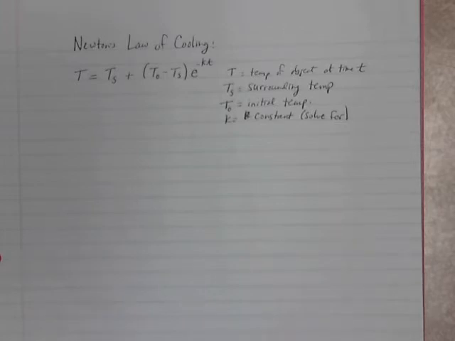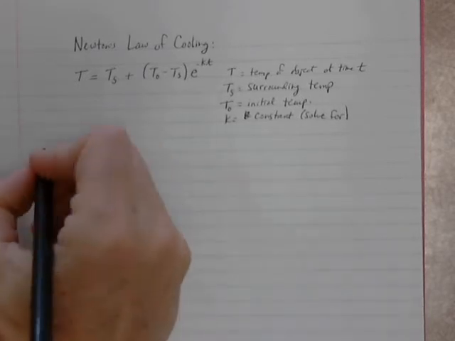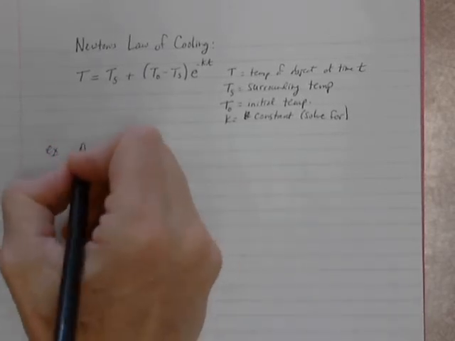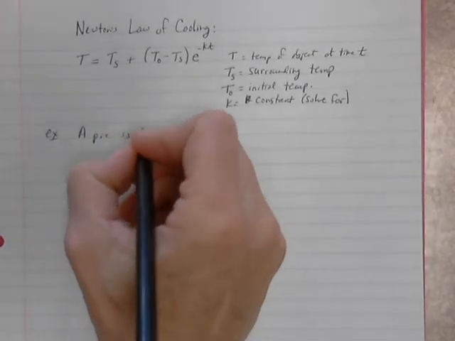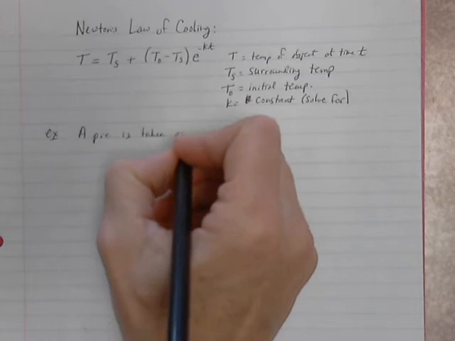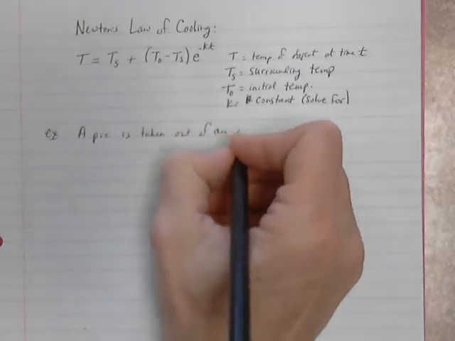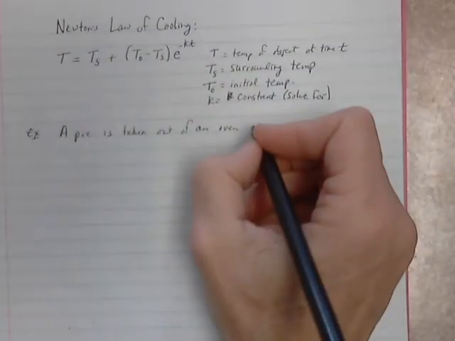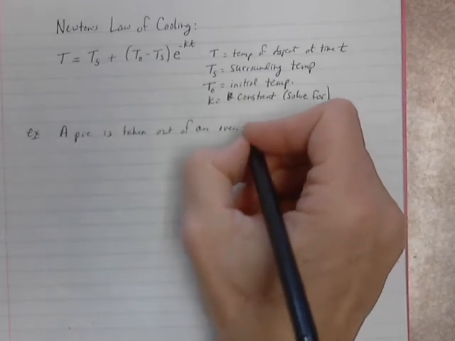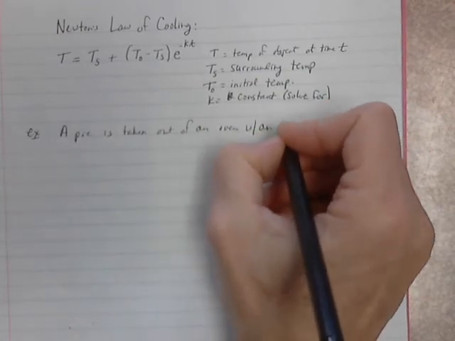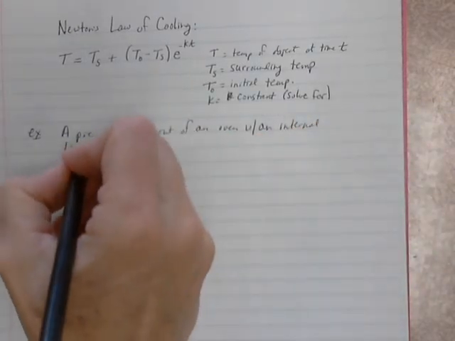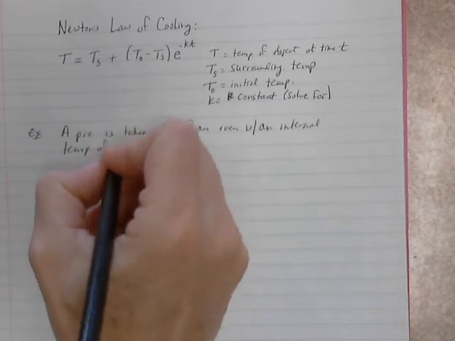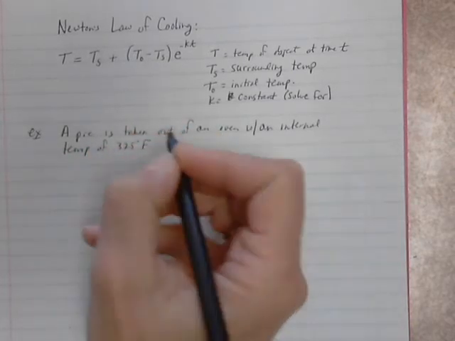An example of Newton's law of cooling is taking a pie out of the oven. A pie is taken out of the oven with an internal temperature of 325 degrees Fahrenheit.